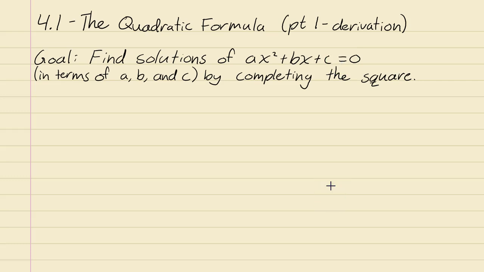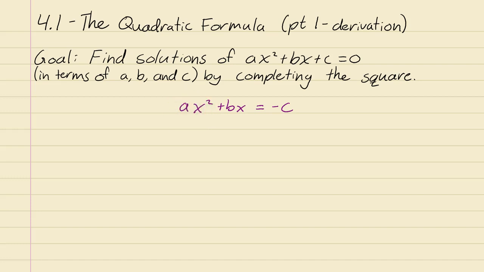So let's start by just subtracting the C from both sides. That gives you a negative C on the other side. And then we need to make sure that we have a coefficient of 1 in front of the x squared.